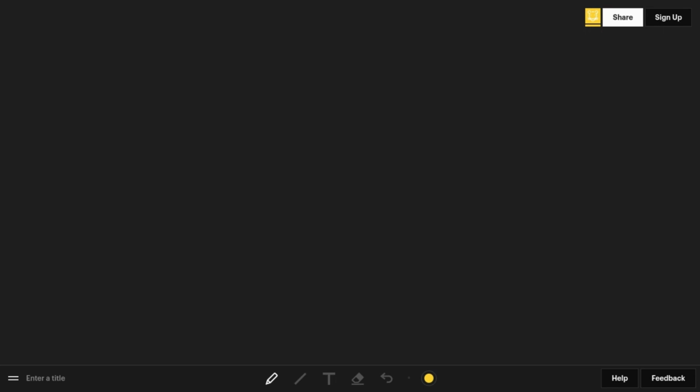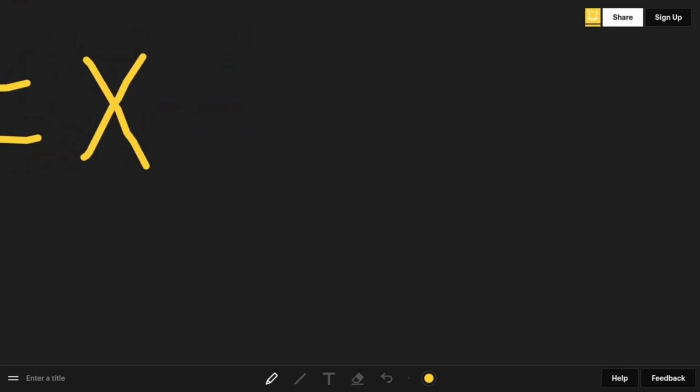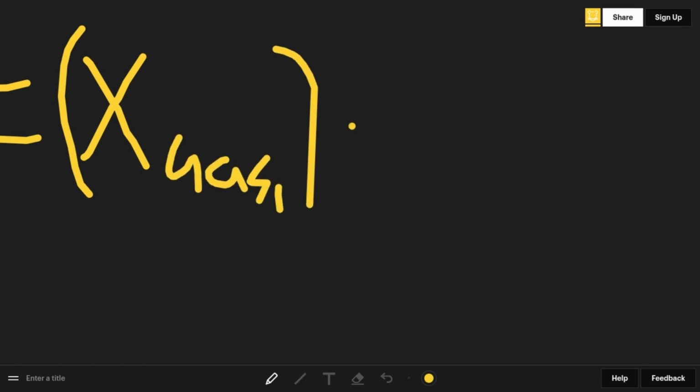First we have the mole fraction formula. The pressure of gas 1 is equivalent to X of gas 1 times the total pressure.